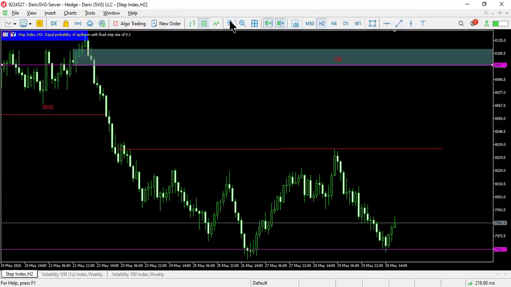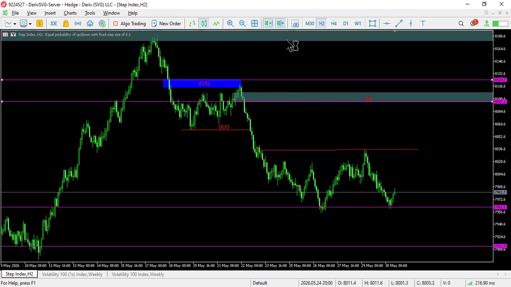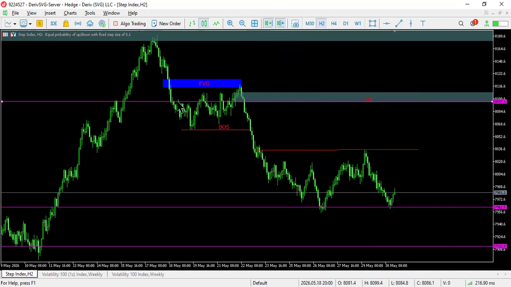Go ahead and place a sell limit on Step Index with your entry price at 8097.1, stop loss at 8124.7, with your first take profit at 7962.5, second take profit at 7912.8, and always apply proper risk management.